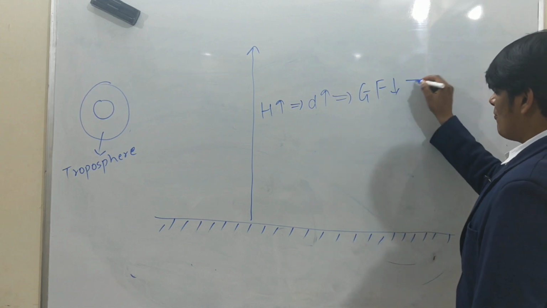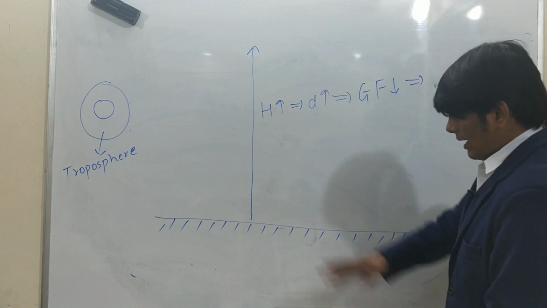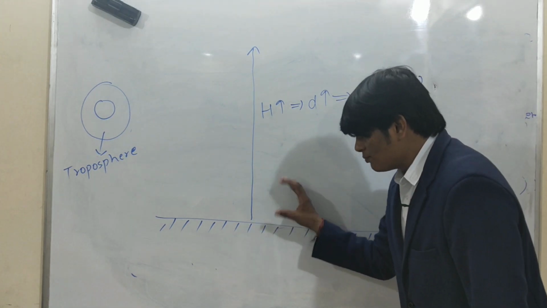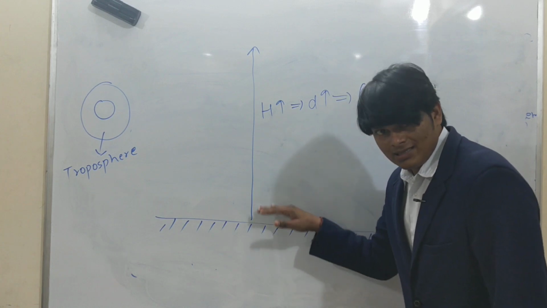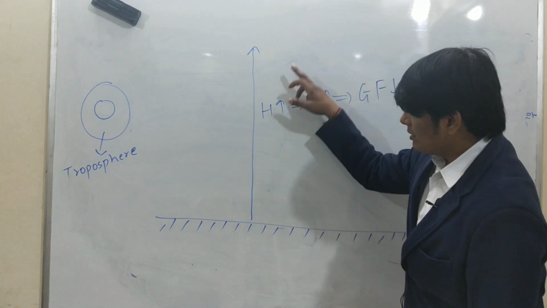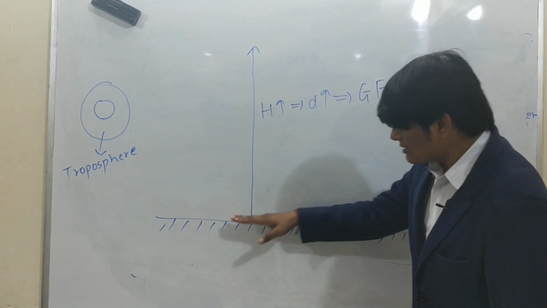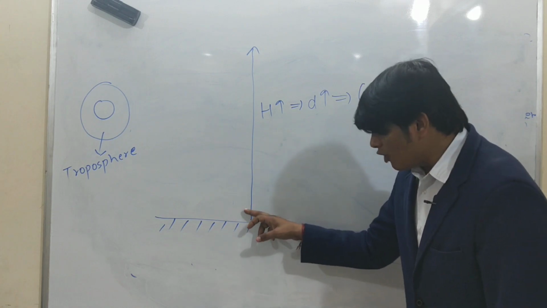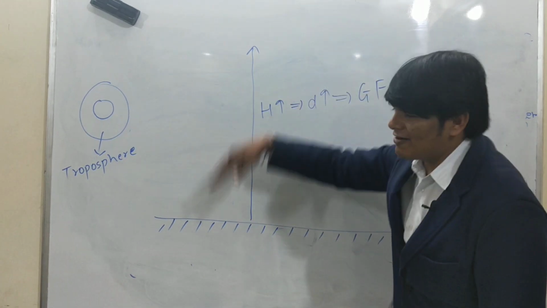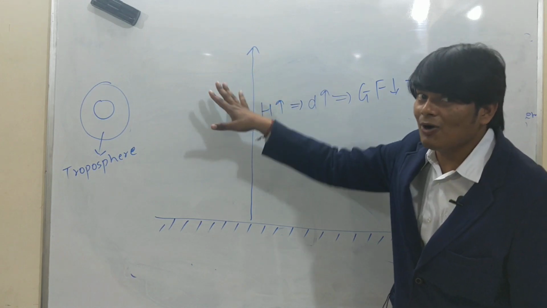If the gravitational force decreases, what about the density? Near the Earth's surface there is more gravitational force, the attraction force, so there will be more density and more particles here, and away from the surface of Earth there will be fewer particles.